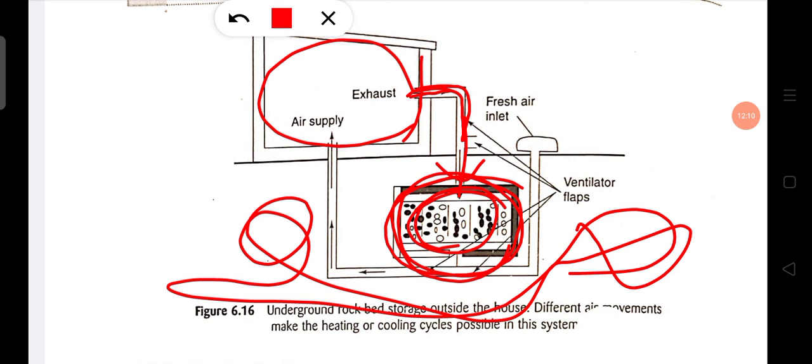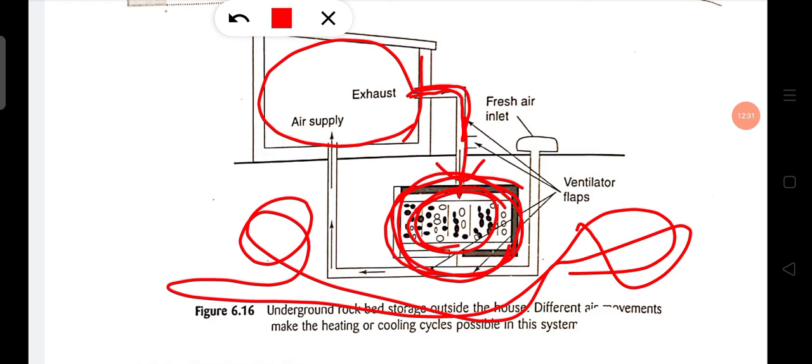That means, previously we learned that our earth's core is hot due to the radioactive elements present inside the earth's core and mantle layer, and lava is there.